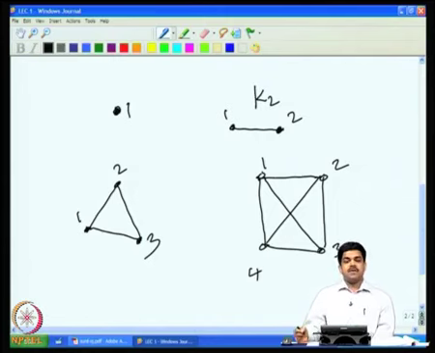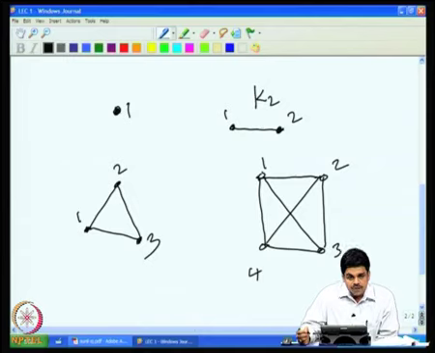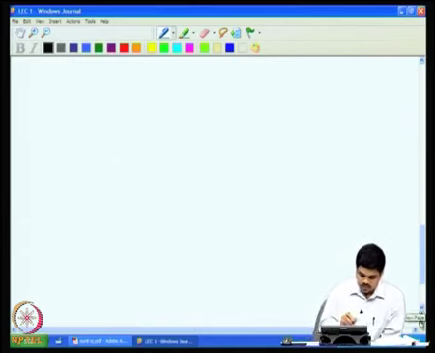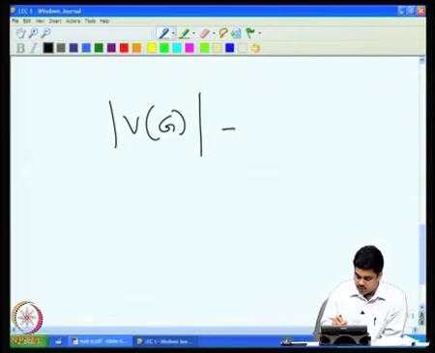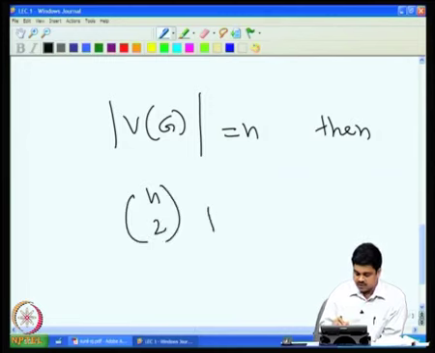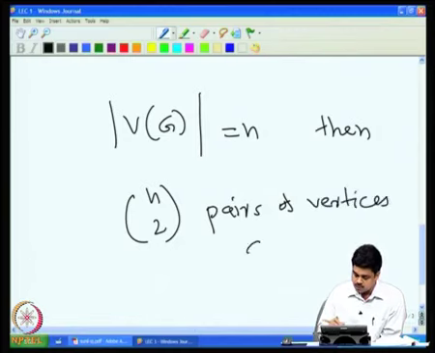So, when I say complete graph on n vertices, say if the vertex set of G, V of G, has size n, then n choose 2 pairs of vertices, right, are possible.